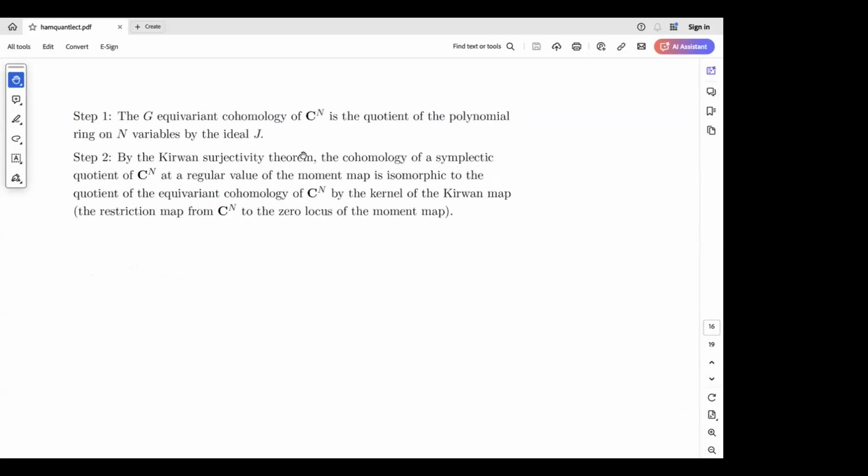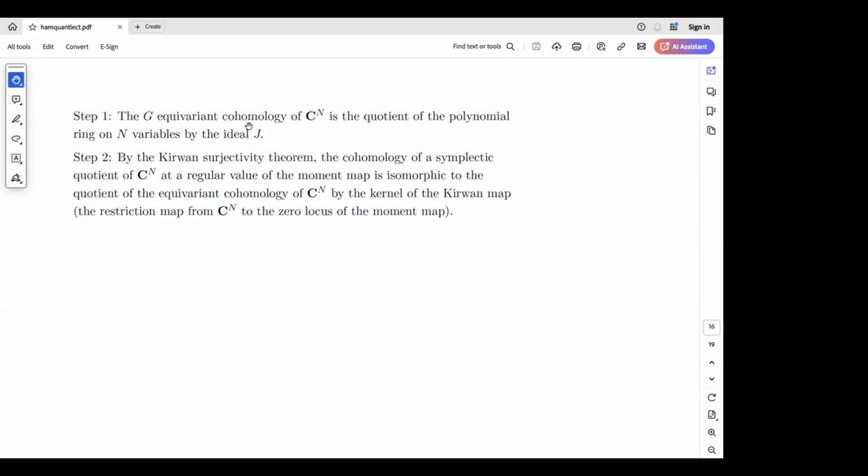Okay, so first step, the G equivariant cohomology of C star is the quotient of the polynomial ring on n variables by the ideal J. That basically comes from the exact sequence defining how G acts.